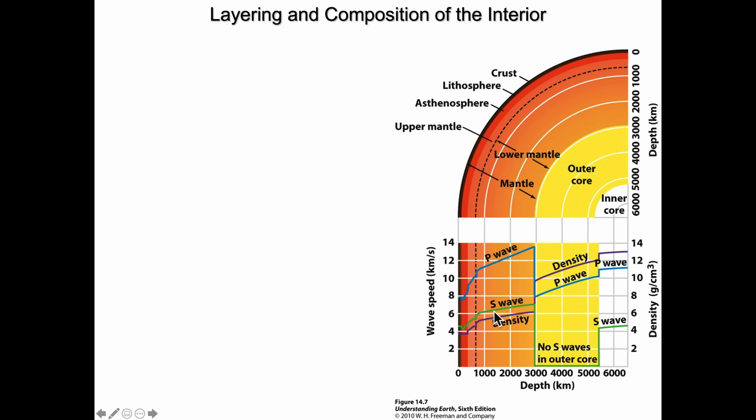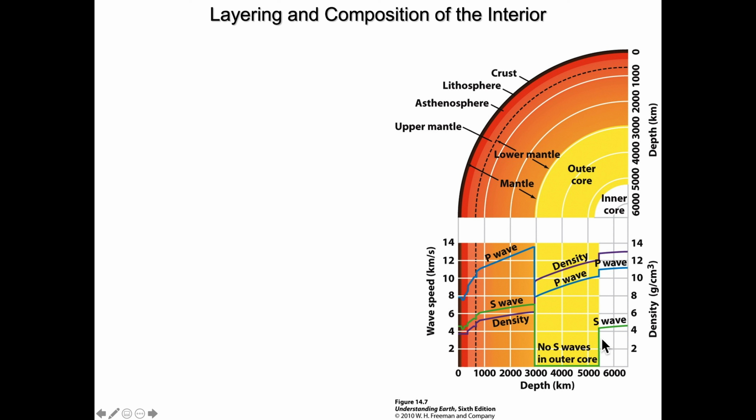S waves, it's going to be density that can be completely overridden by the physical state. So here, the density is increasing just as it does with the P waves, but once we hit liquid, no more S waves. That's that.